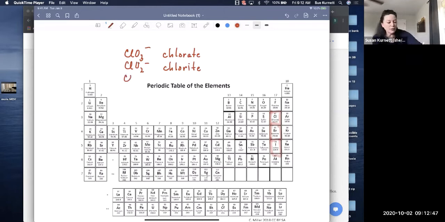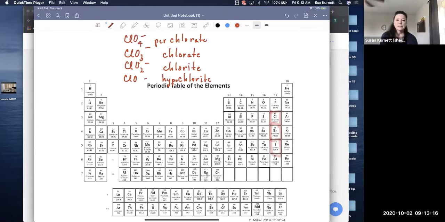Chlorite could lose another oxygen. And it's below the -ite, and so this is hypochlorite. Above chlorate, one oxygen more, is perchlorate.